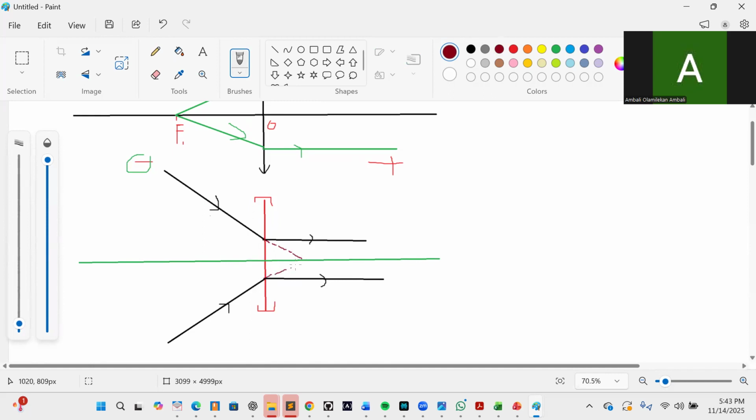Can you see? This is how to draw the diagram. It's as if the rays are coming from that F1, then go parallel. So the F1 for a concave lens is positive. It's a sign convention: zero, plus, minus from mathematics.